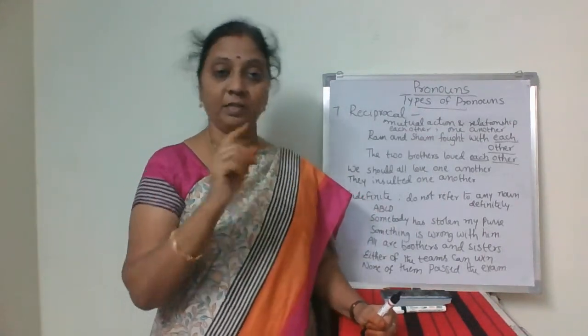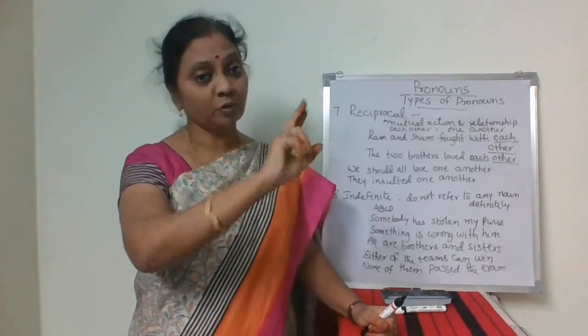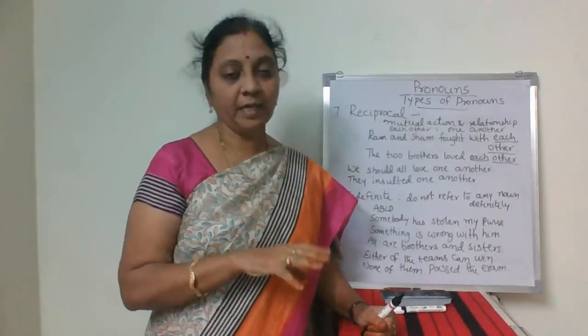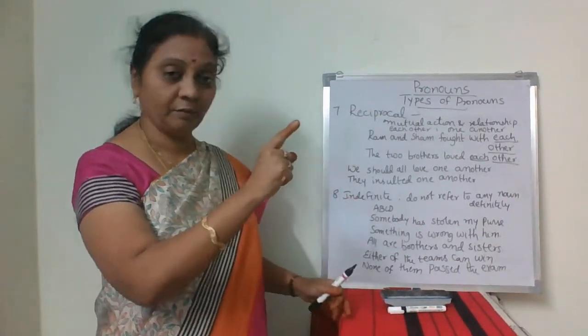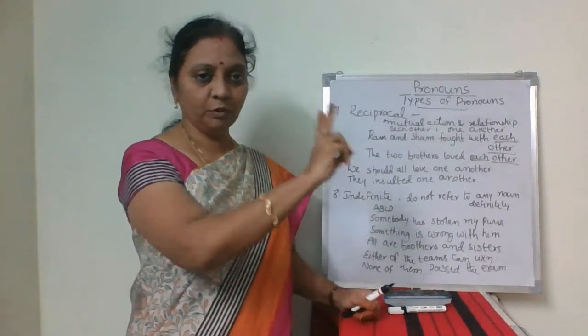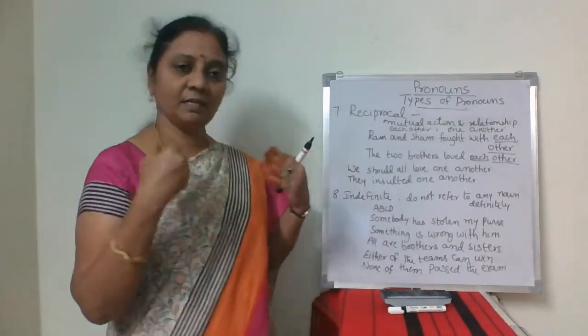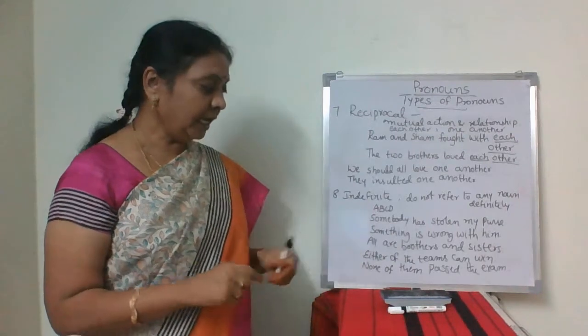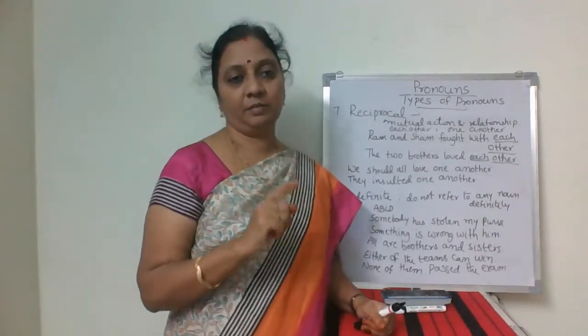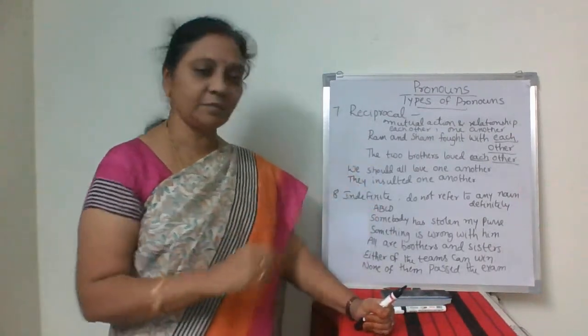Maybe father and mother or uncle and aunt. Both means two, all means many. Then, either of the teams can win.